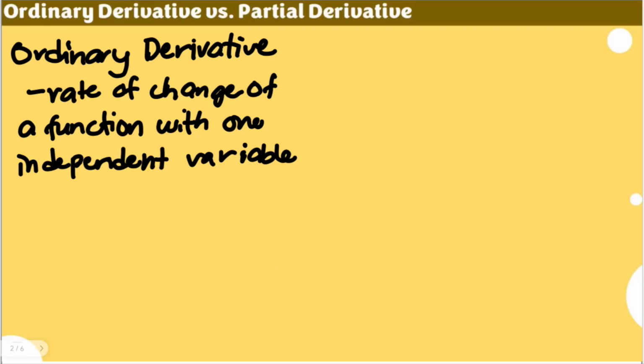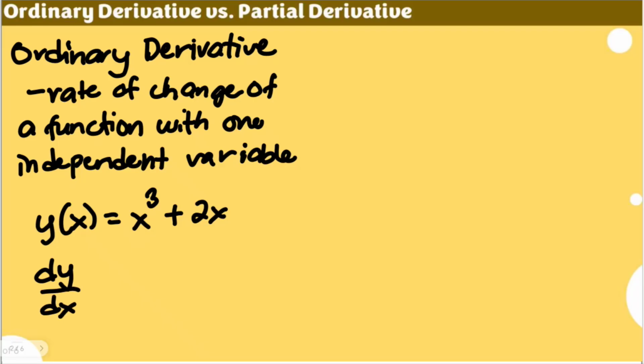So say for example, if we are given a certain function y of x, meaning it's a function y in terms of x, let's say x cubed plus 2x, the ordinary derivative, or specifically the ordinary first order derivative of this, dy over dx, or the first order derivative of y with respect to x, is considering that we are going to take the derivative of y with one type of independent variable here.